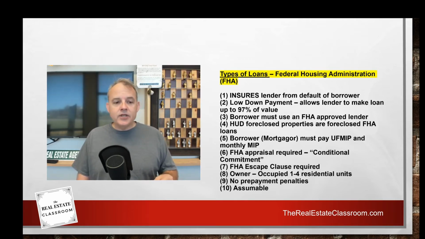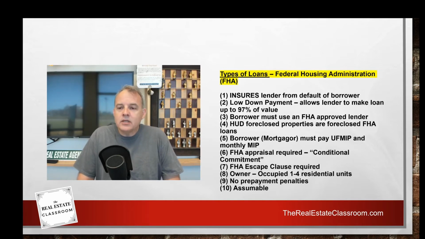And so FHA loans really provide a safety net for lower income families and borrowers, because it allows the lender to make a loan up to 97% of the home value, or the loan to value. Sometimes even more than that under certain circumstances, but you really need to know that it allows the lender to make loans up to 97% of value.